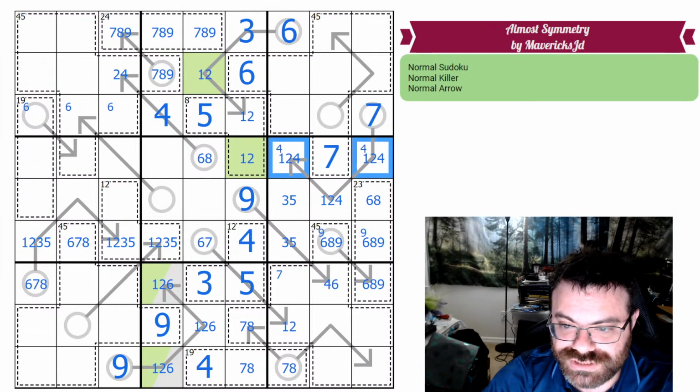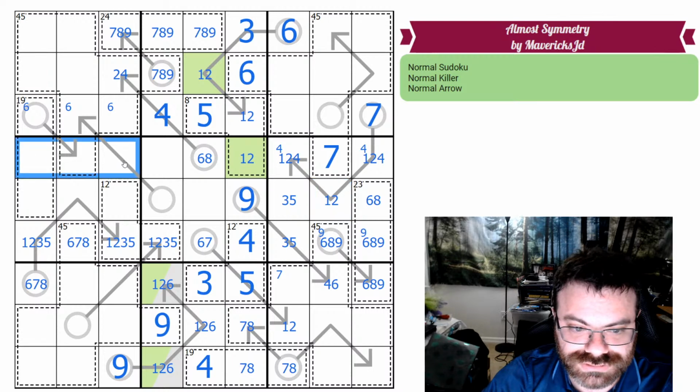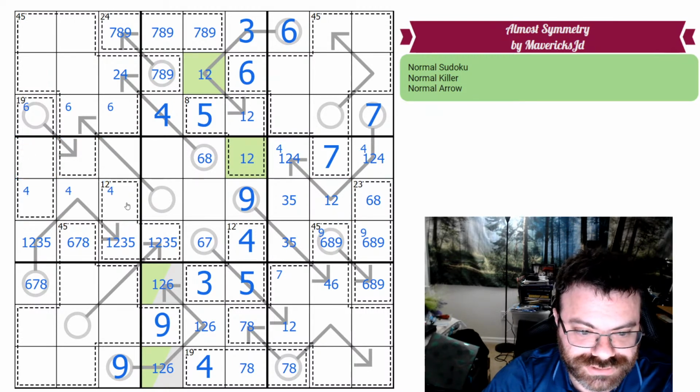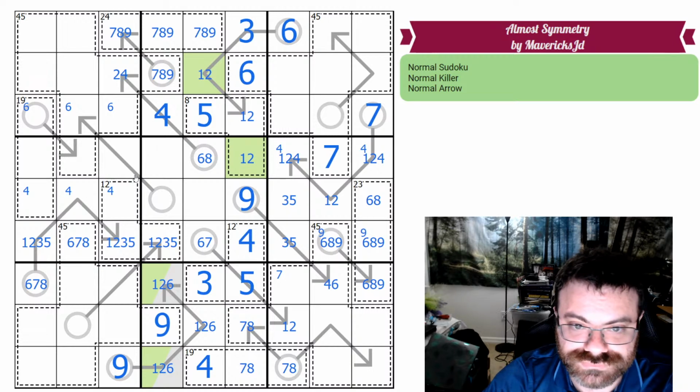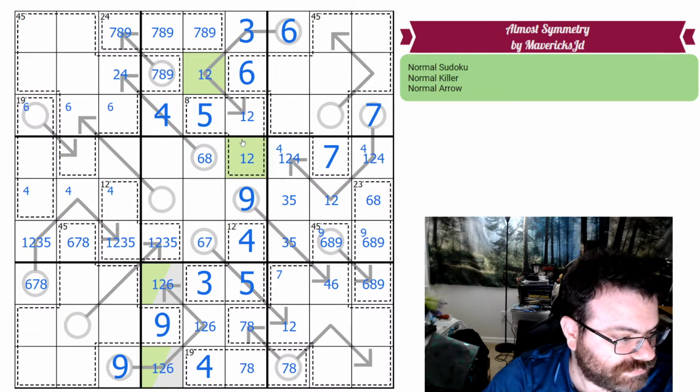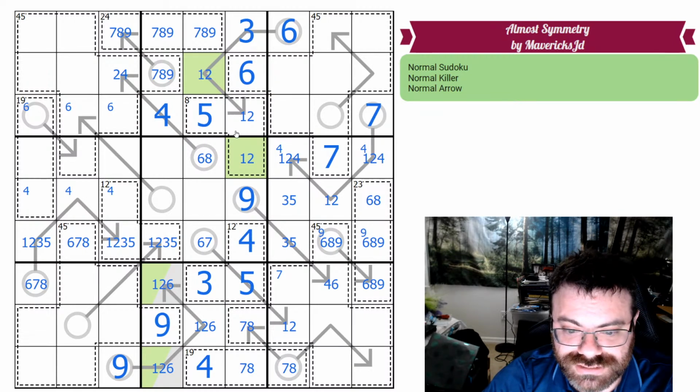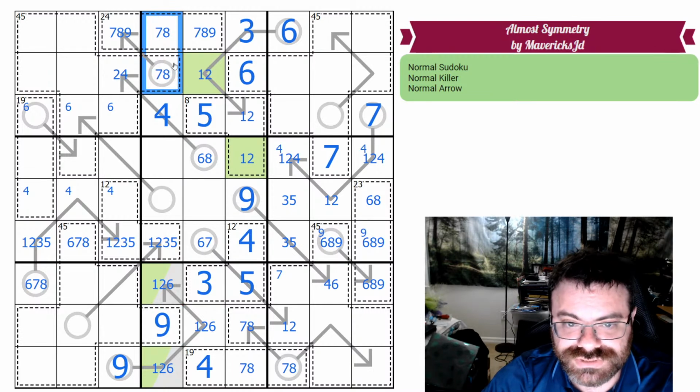There's a 4 in one of these two, so that's not a 4. So that means there's a 4 somewhere here. Nine in box 2? Yes, this 9 here. We did that before. Gives us this 9. This can't be 9.